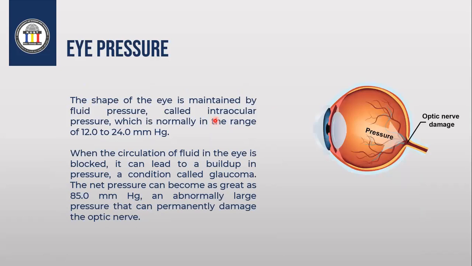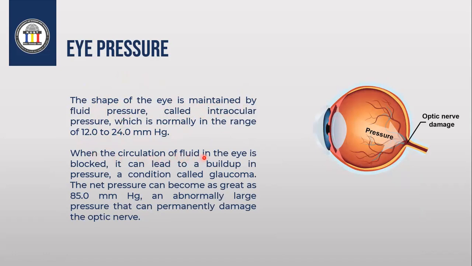The second type of disease is eye pressure. The shape of the eye is maintained by fluid pressure called intraocular pressure, which is normally between 12 and 24 millimeters of mercury. So the pressure that keeps the eye in its shape is in the range of 12 to 24 millimeters of mercury.